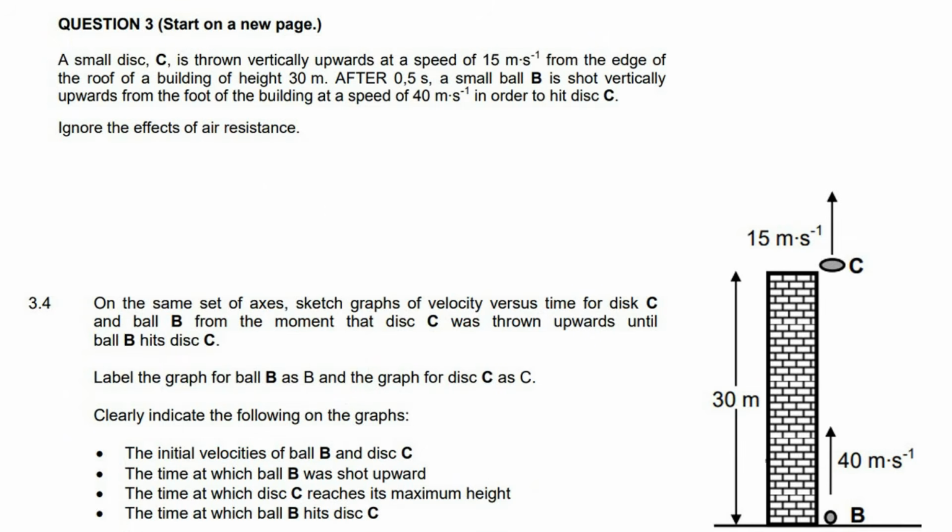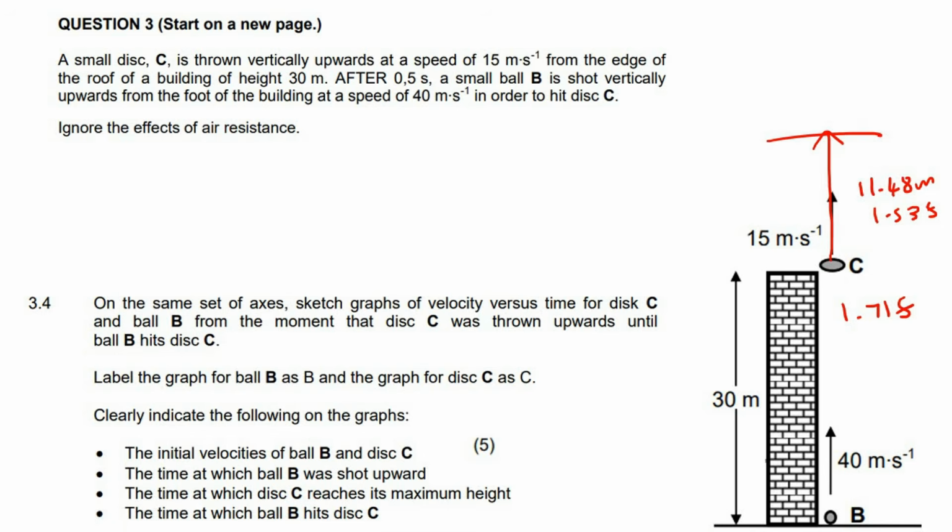Now what do we have to do here? A labeled sketch of a velocity versus time graph. Okay, let's remember all of our important information. In the beginning questions, C reached 11.48 meters. I don't know if we're going to need any of that, and that took 1.53 seconds. The place where the two objects collide was at 1.71 seconds.